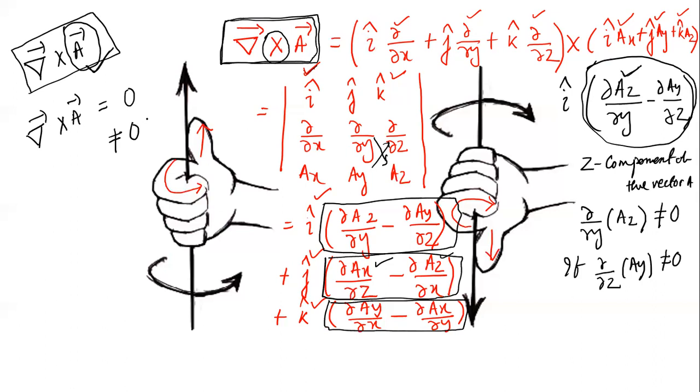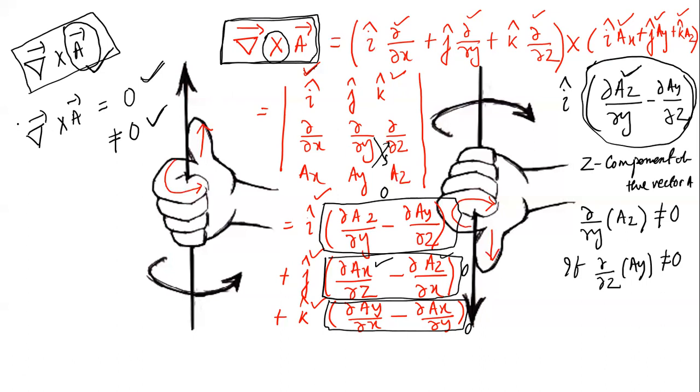If it is zero, you must get zero for each term. That means there is no rotating effect of the vector field. It's not rotating. But if it is non-zero, then the curl exists.